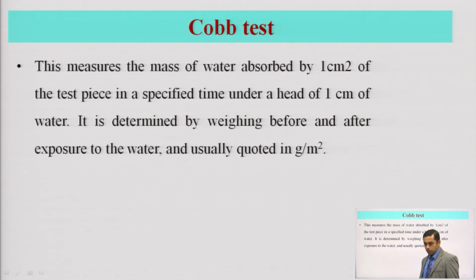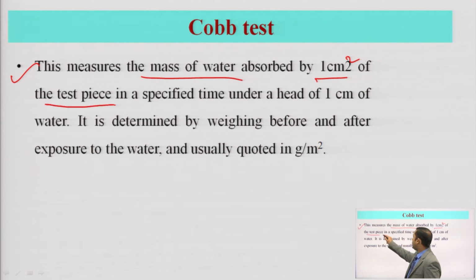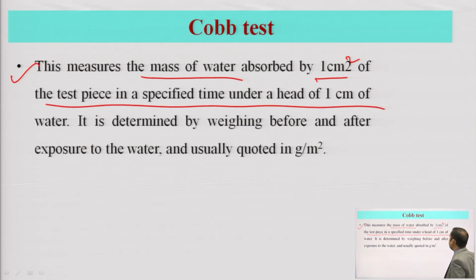The Cobb test is also relevant. How to do the Cobb test? It is also very simple. This measures the mass of water absorbed by 1 square centimeter of the test piece in a specified time under a head of 1 centimeter of water.